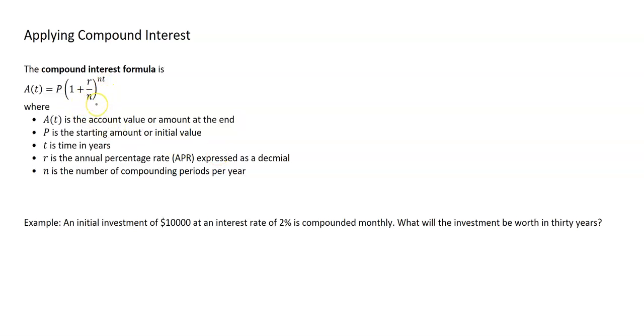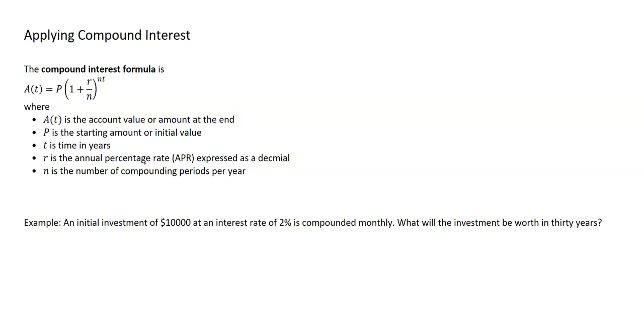N is the number of times you compound each year. So if I say I'm going to pay you quarterly, that means it's going to happen 4 times a year. And t, of course, is time in years. That should be all the values there.